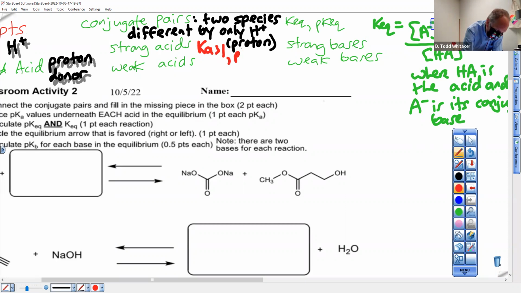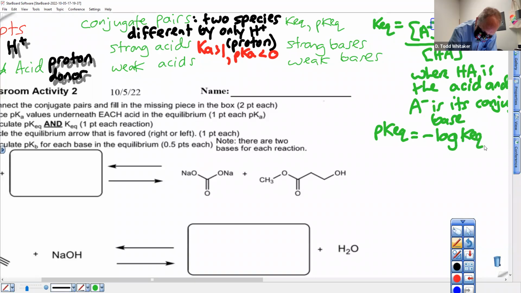And pKa, because it's a log scale, less than 0. pKeq is defined as negative log of Keq. So as Keq gets bigger, pKeq gets more negative. So they're in opposite directions, right? Because that negative sign. And they're a log scale, which is powers of 10. It makes the numbers nicer for us.